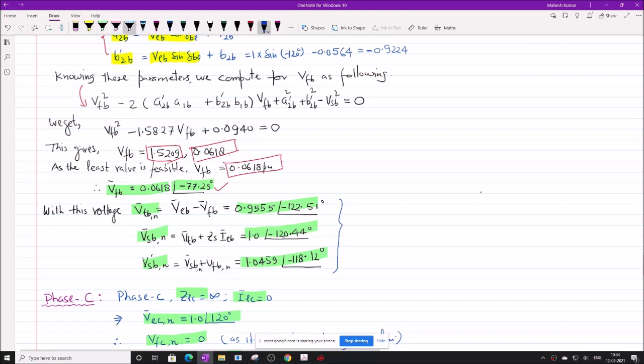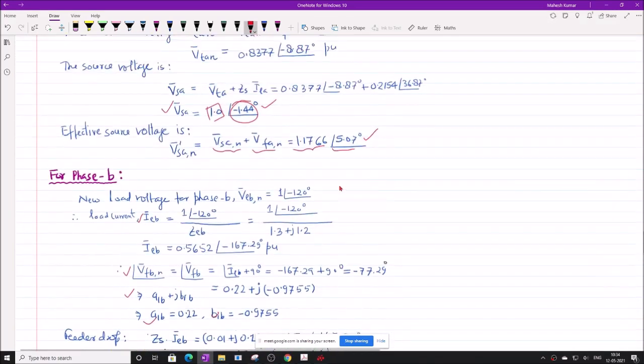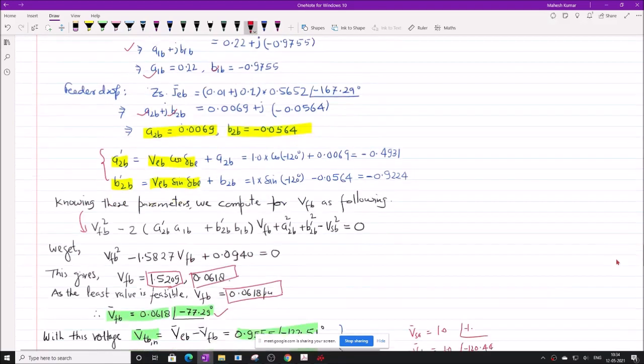For example, VSC is fine. If you see, VSC after calculation comes out to be 1.0 angle of 120 degree, VSB is 1.0 angle of minus 120.44, and VSA was 1.0 angle of minus 1.44, I think. How much was that? VSA minus 1.44.